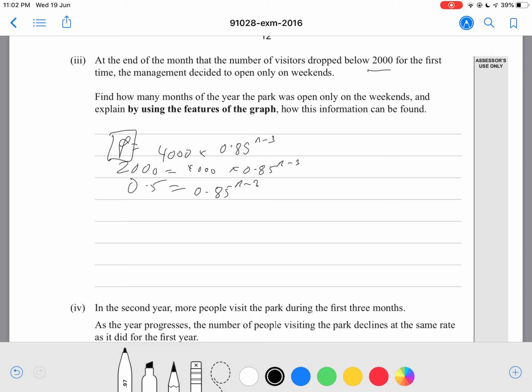Let n minus 3 be x, so 0.5 equals 0.85 to the power of x. This does not work how I want it to work, so let's not do this.